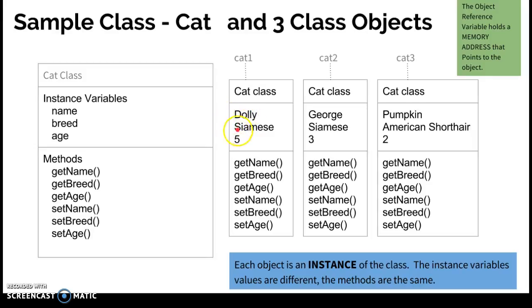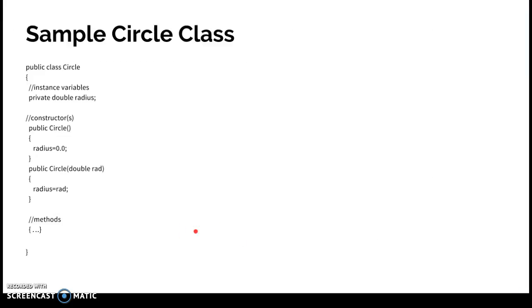And that's just something you kind of need to remember. So cat2, same thing. It would have a different reference variable holding a different memory address, and the same thing for cat3. So just remember that each object is called an instance of the class.